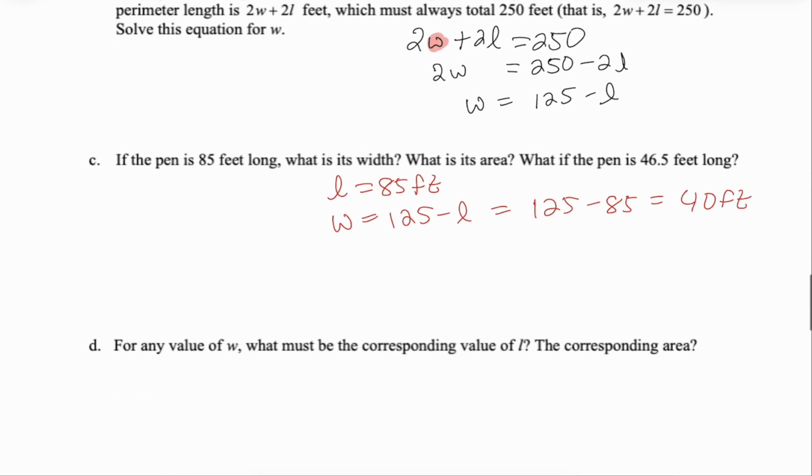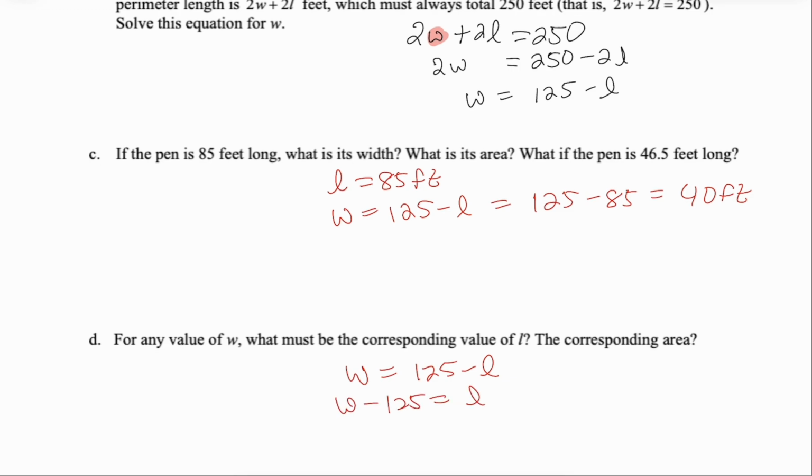Now it says, for any value of W, what must the corresponding value of L be? Okay, so if we go back to what we know, W equals 125 minus L. Let's rearrange that and solve for L so that we know the corresponding value of L if we know W. So we would subtract 125 from both sides, and we would get negative L by itself.